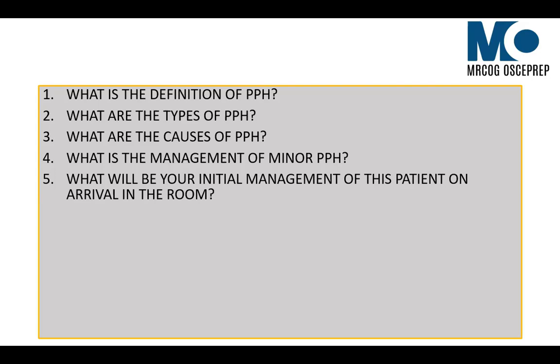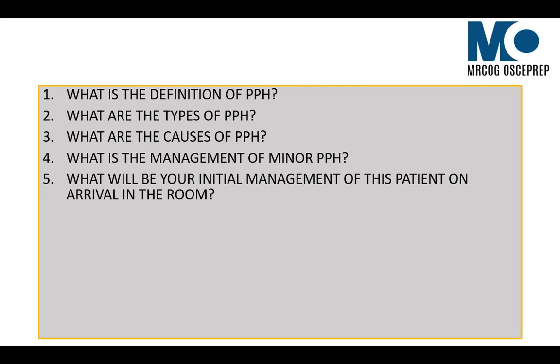And if the PPH still doesn't settle, then I will give the oxytocin infusion. And if the patient is still in PPH, then I will give carboprost 0.25 milligram IM every 15 minutes after ruling out the contraindication of this medication.